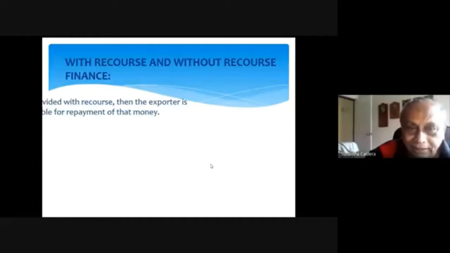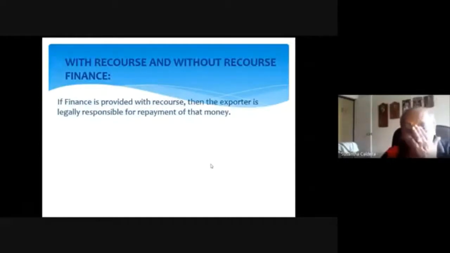Then another thing is, when you give financing, on the various types of financing, we have to talk about with recourse to the customer and without recourse to the customer. With recourse and without recourse finance. Right?